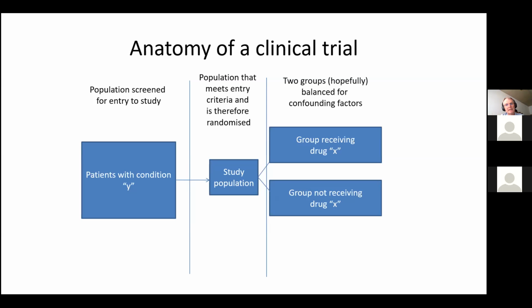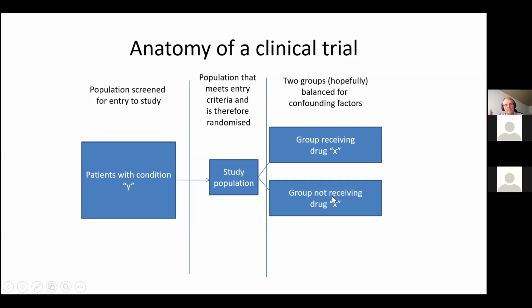So if you only gave your drug to people who were less likely to get the disease in the first place, it might look like it worked, but it was just an effect that actually you were treating two slightly different groups of patients. And the way that we try to get these two groups of patients as similar as possible is by randomly allocating people to one drug or the other.